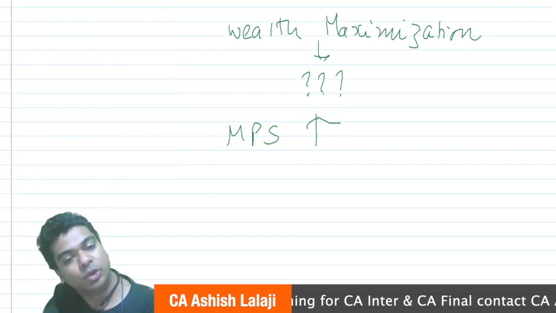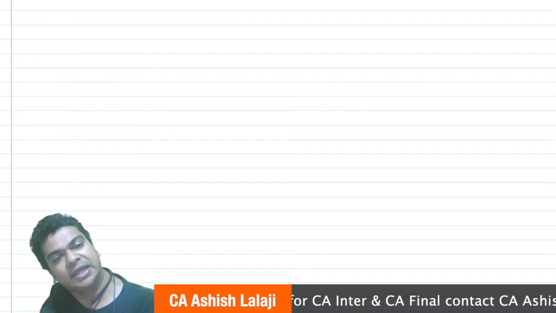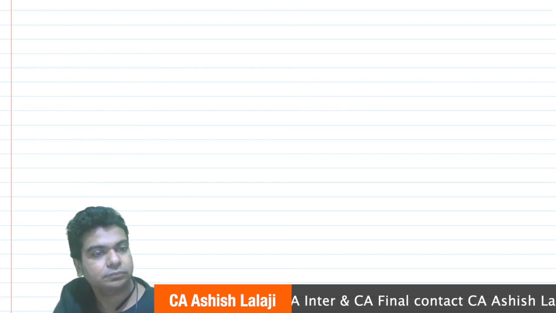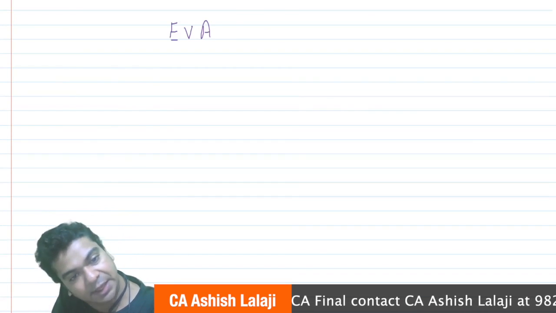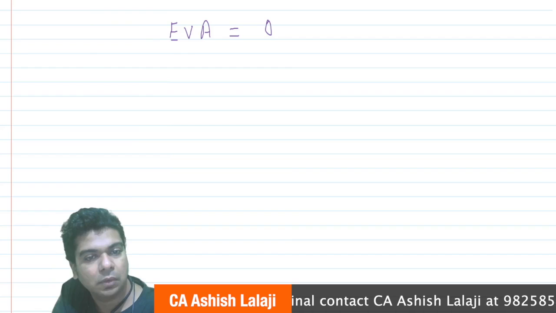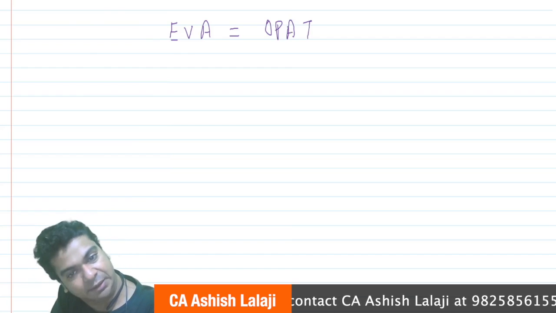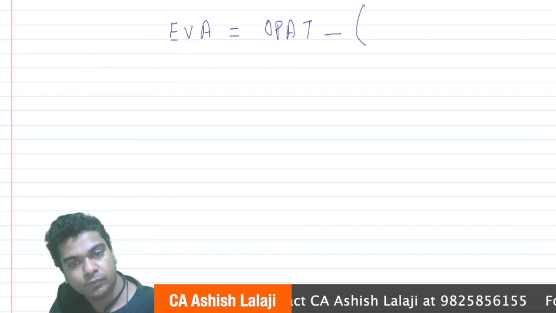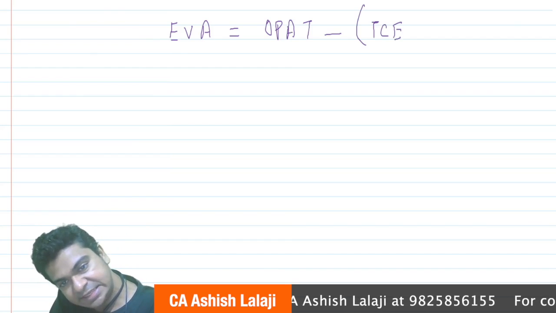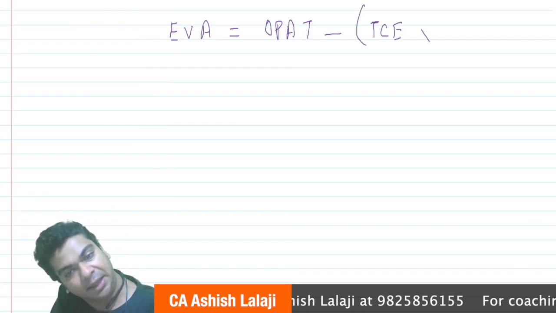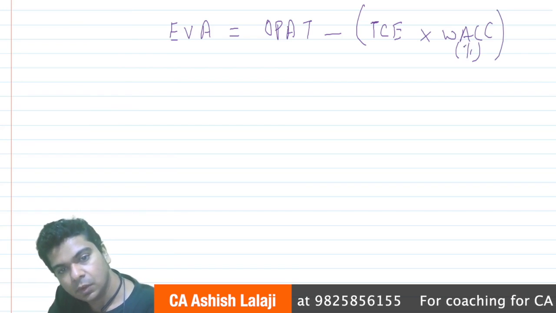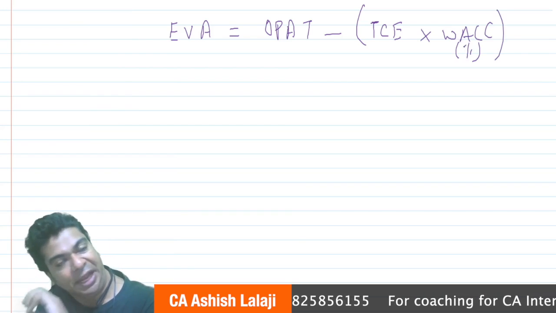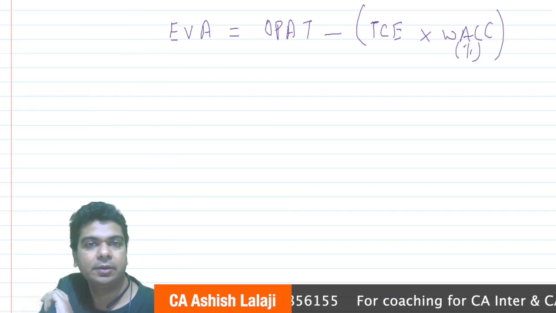Yes, interesting question. How will I work out the EVA? The formula for EVA is OPAT minus TCE into WACC, that is, EVA = OPAT − (TCE × WACC). This is what will give you the economic value added.